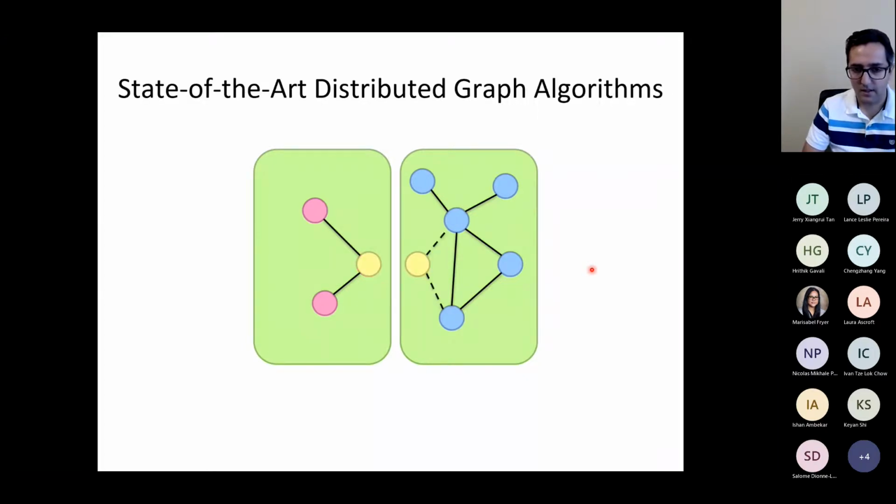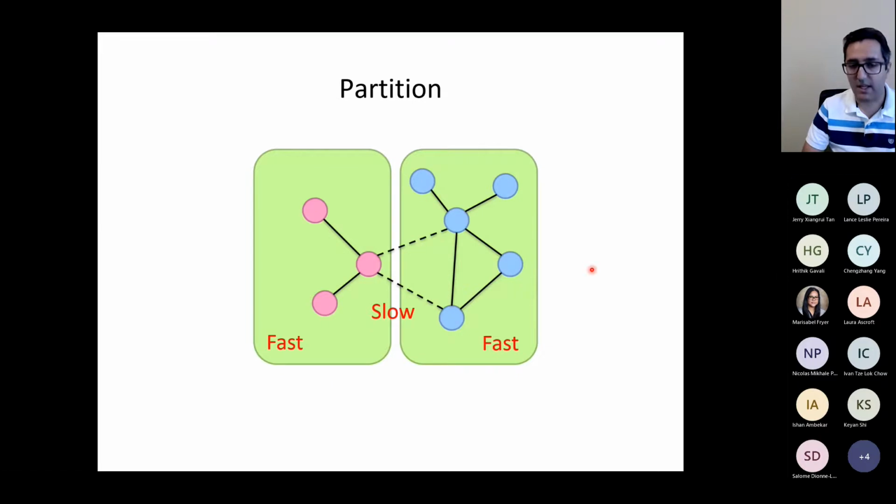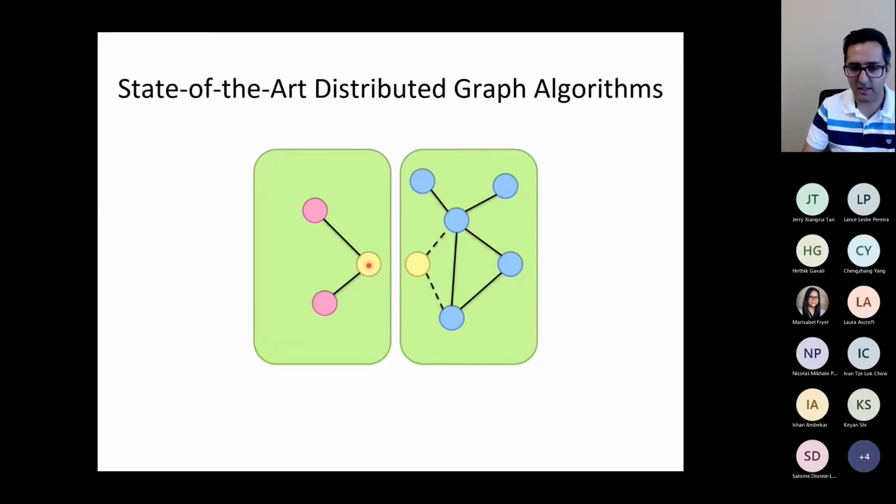They say, let's replicate that connecting node in both partitions. It is right now in the left partition, so let's replicate it so that we have another copy of it on the right partition as well. Now the two partitions are completely disconnected, like two independent graphs.